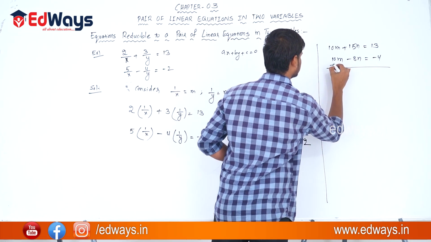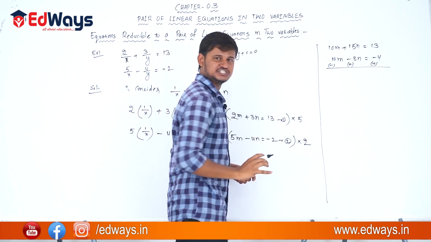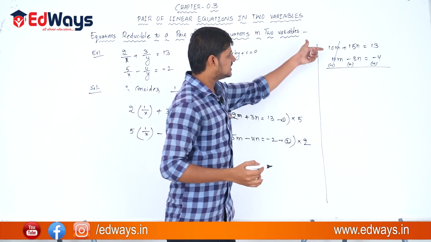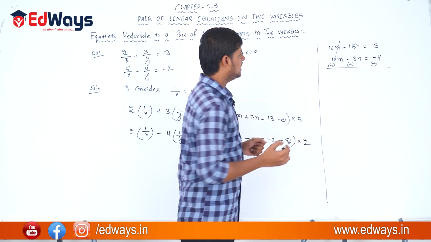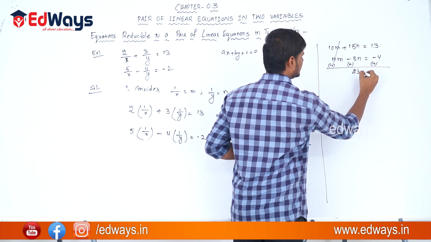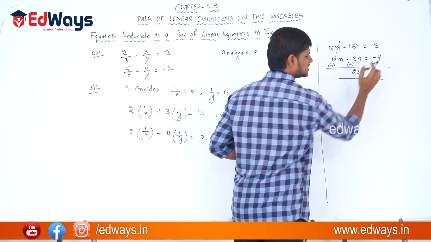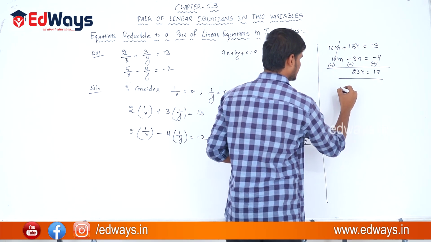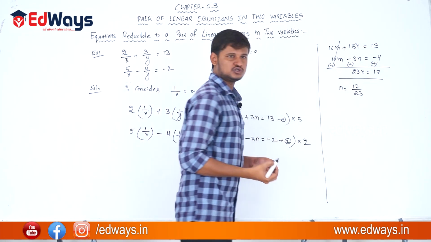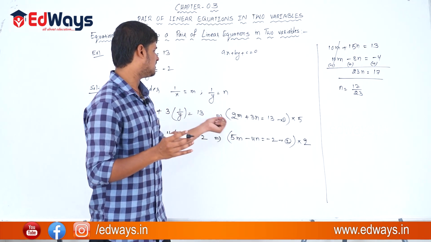If I subtract, the signs will change, right? Now 10m minus 10m gets cancelled, and here 15 plus 8, that is 23n, is equal to 17, since 13 plus 4 is 17. Therefore n is equal to 17 by 23. Now I got the value of n, so I can easily find the value of m.